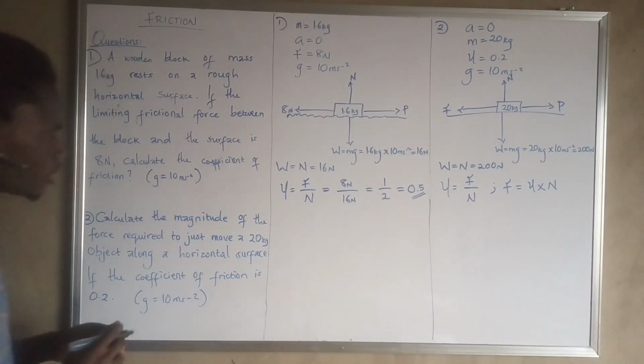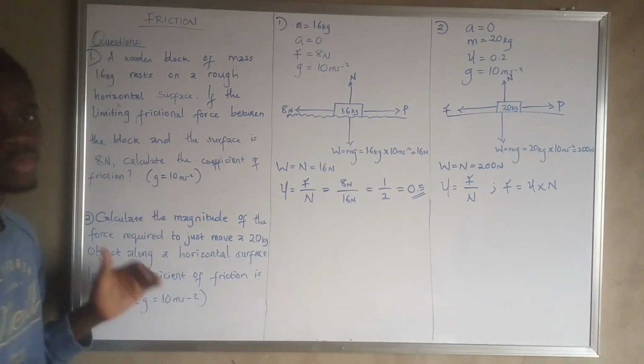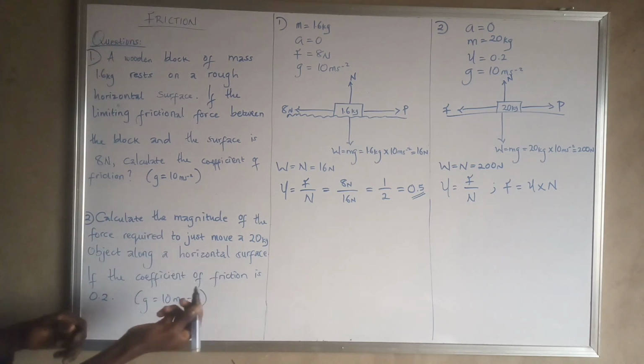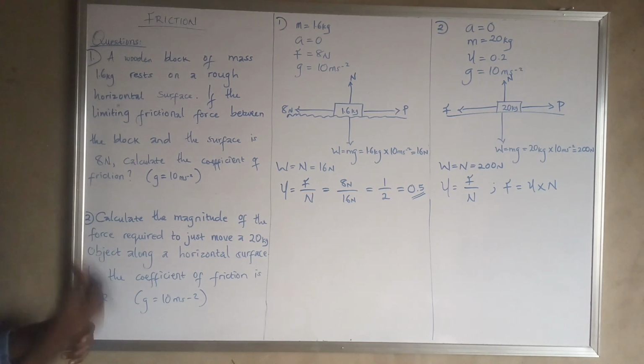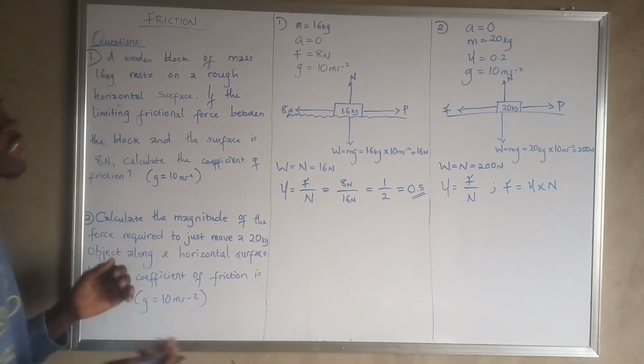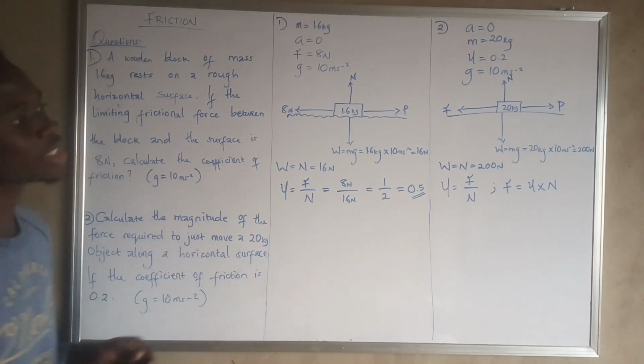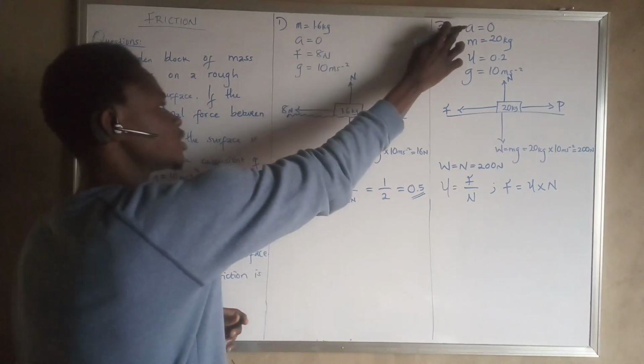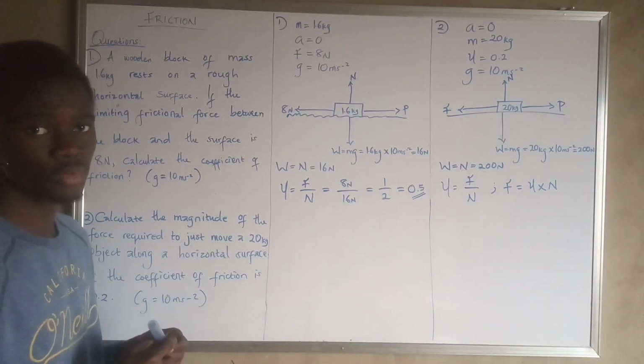Don't forget we said we consider the object to be at rest since it is about to move. It hasn't moved yet, so we consider it to be at rest. If acceleration is 0, the resultant force is going to be 0.